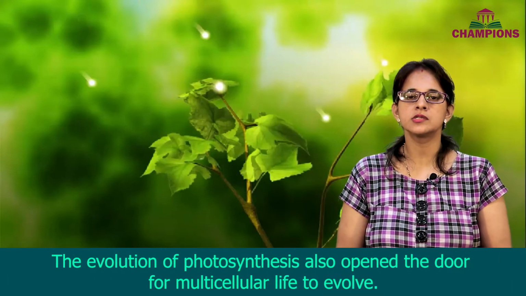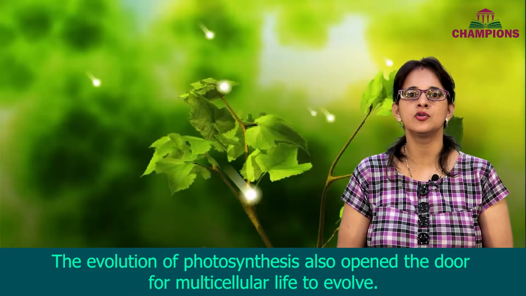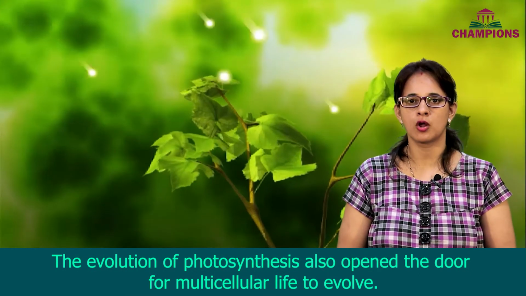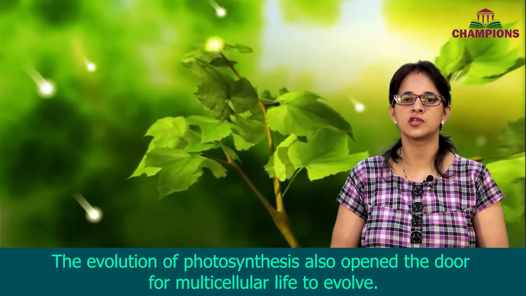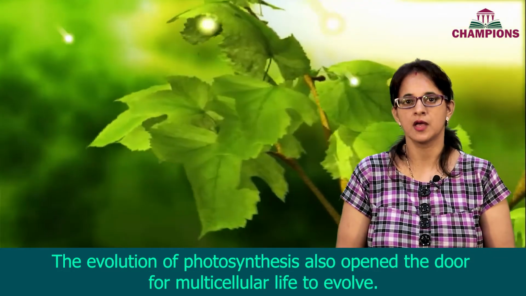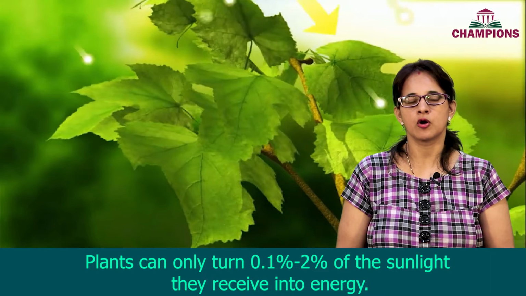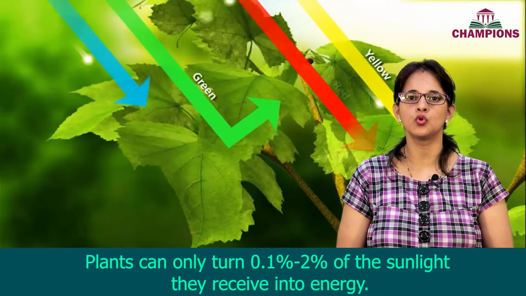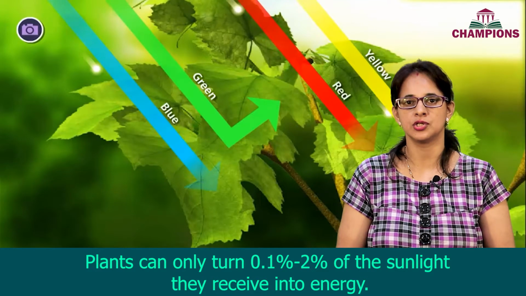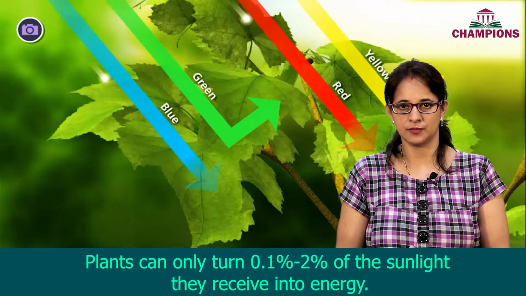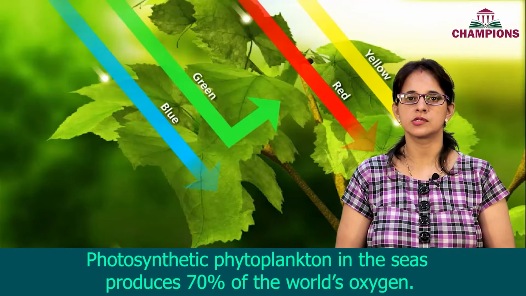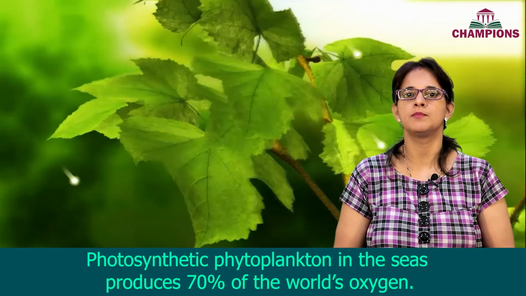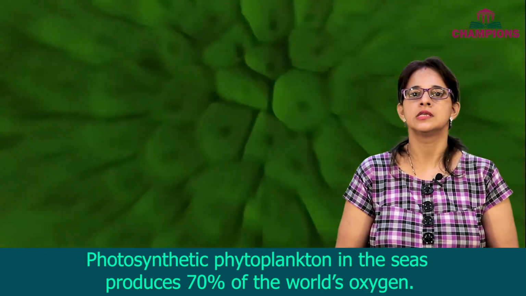And photosynthesis, its evolution, has led to the formation of such enormous multicellular life forms existing on the surface. Plants can utilize just 0.1 to 2% of the sun's energy into chemical energy, and maximum photosynthesis is brought about by the plants in seawater.